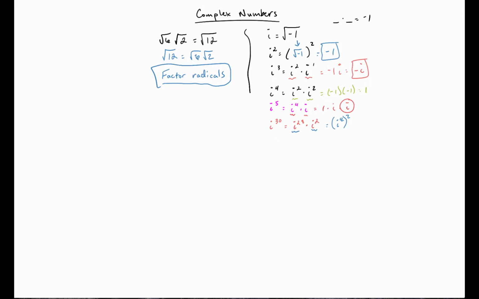And i squared, I already know, is just -1. Well, i to the fourth is just 1, so I get 1 to the 7th power times -1, which is just -1. So what we're going to see is that they just repeat themselves over and over again. It's kind of cool, and it will be at times useful, but probably not the most important thing in the world.